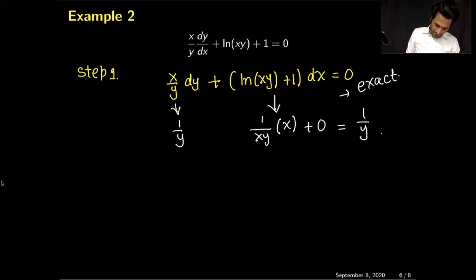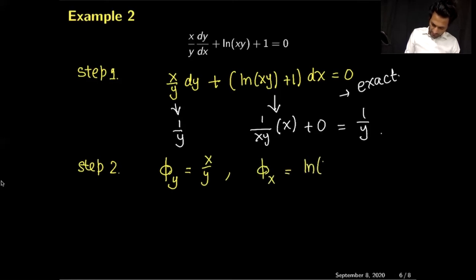In step number 2, we would like to find a function phi whose derivative with respect to y is x over y, and whose derivative with respect to x is natural log of xy plus 1.